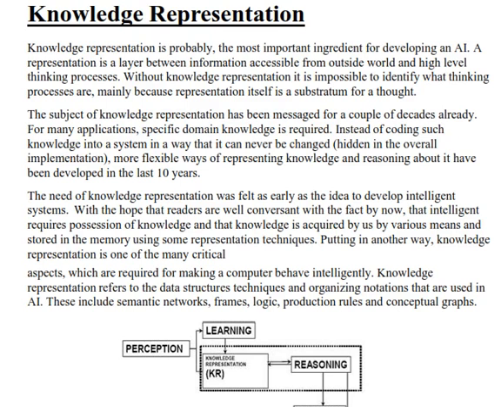Here, we can say that it is a crucial component of AI that bridges the gap between raw data and meaningful reasoning by representing knowledge in a structured way. AI systems can interpret the data, draw inferences, and apply reasoning techniques to solve problems.